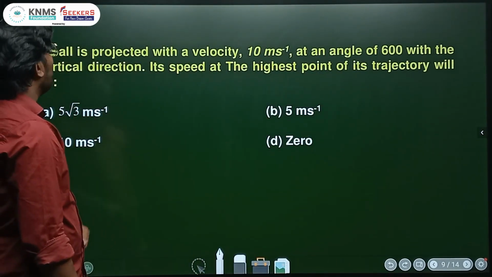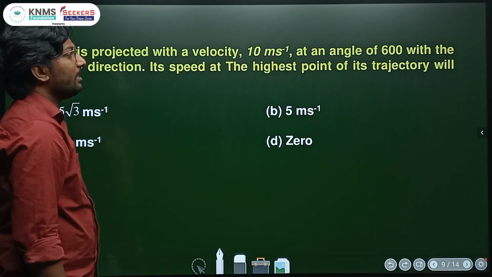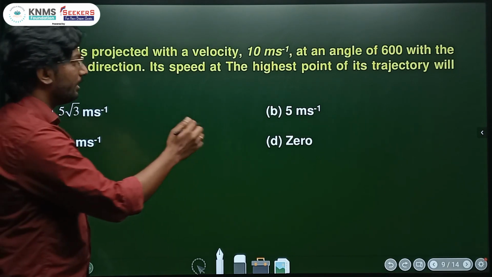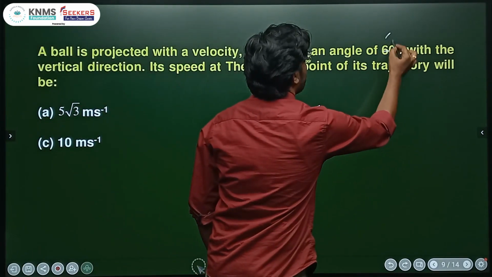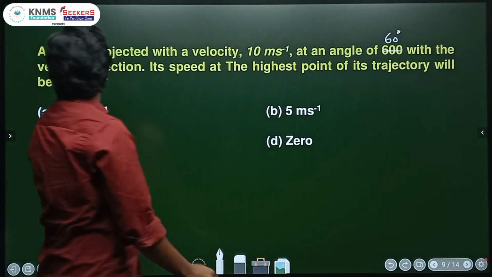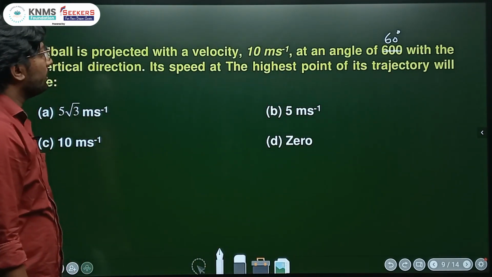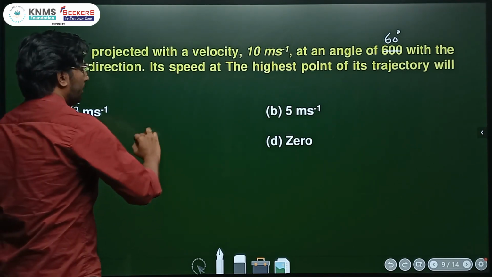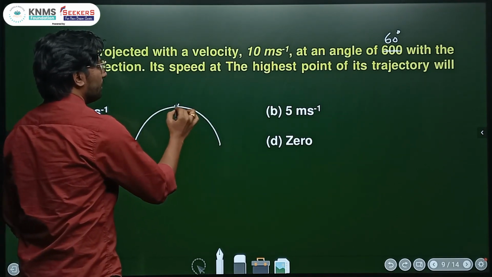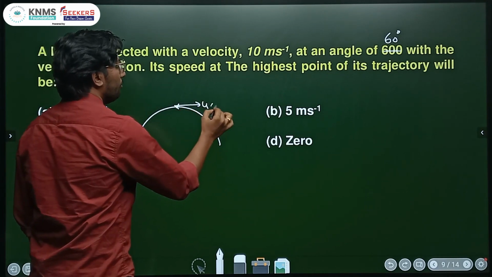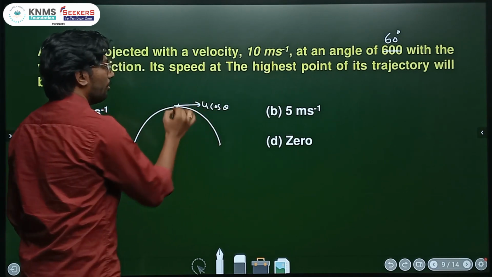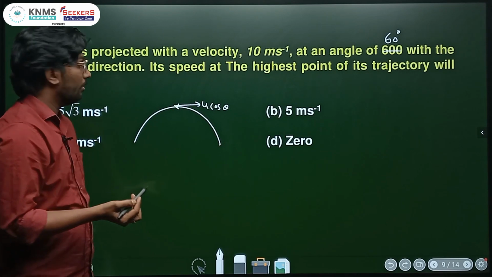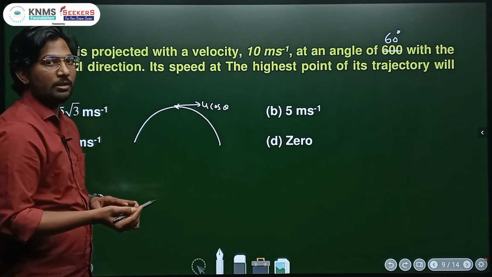Next question. A ball is projected with velocity 10 meters per second at an angle of 60 degrees with the vertical direction. Its speed at the highest point of its trajectory will be? Already I told you, at the highest point of the trajectory, the speed will be only u cos theta, because the vertical component of velocity will be 0 and the horizontal velocity will not change.